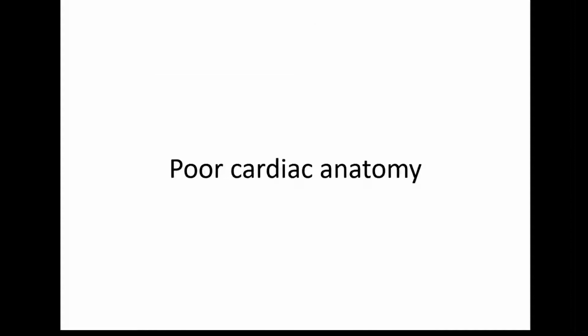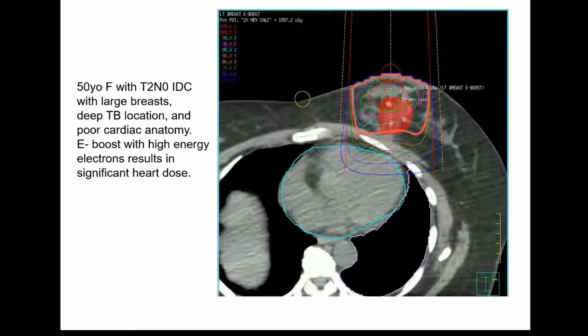Poor cardiac anatomy. Next slide. This is a circumstance where an electron plan was generated for this patient. And you see a significant amount of dose is being delivered to the anterior edge of the heart, and in particular right where the left anterior descending artery sits.